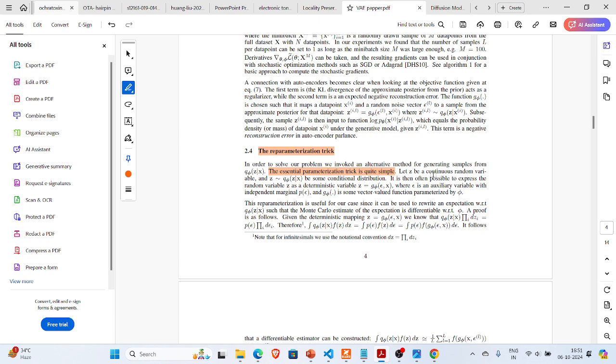So z is a continuous random variable, that is what we considered before as well. It is derived from this distribution. It can be written as a deterministic variable as well, from the function g phi.